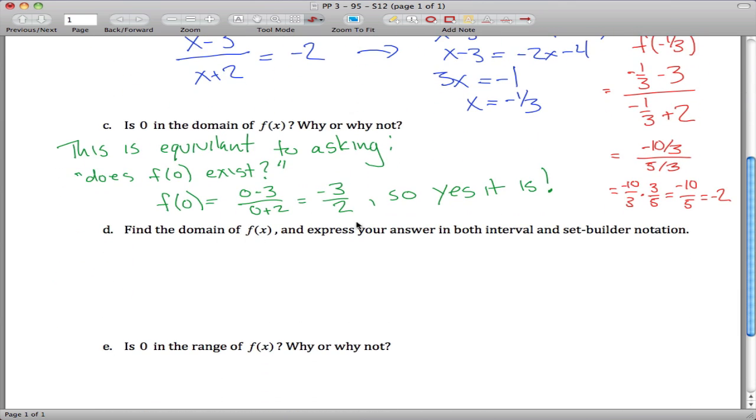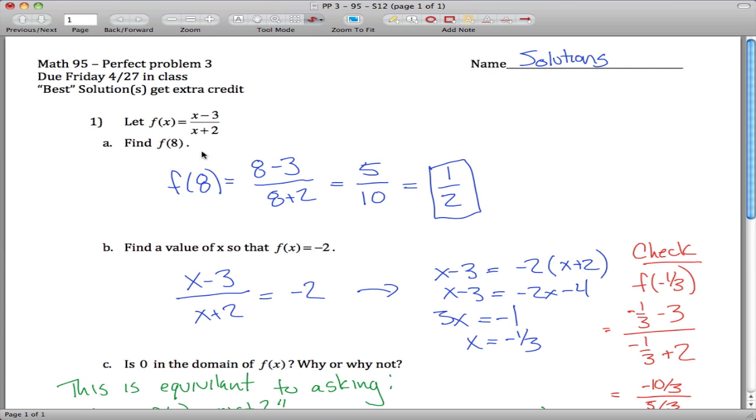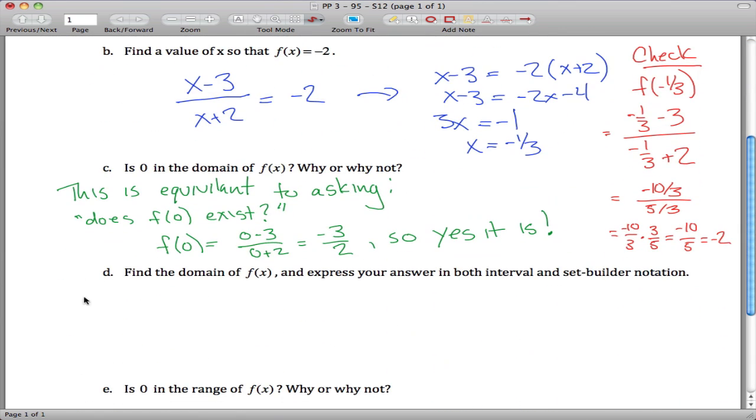Find the domain of f of x and express your answer in both interval and set builder notation. Alright, so the domain of f of x is all the numbers that you can put into f of x. So we figured out that 0 is in there, but the question is what else is in there? There's kind of two domain rules for this class, there's going to be a third in another class, but for now, we just have to make sure we don't divide by 0.